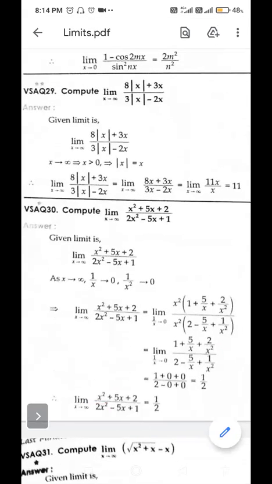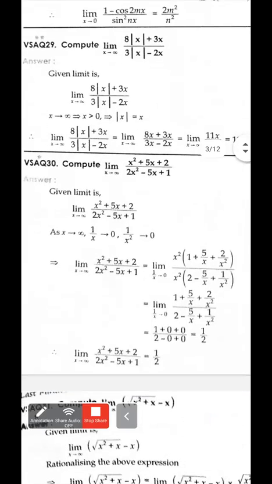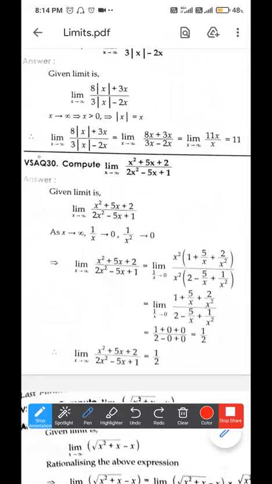Now, compute limit x tends to infinity of (x square plus 5x plus 2) by (2x square minus 5x plus 1).